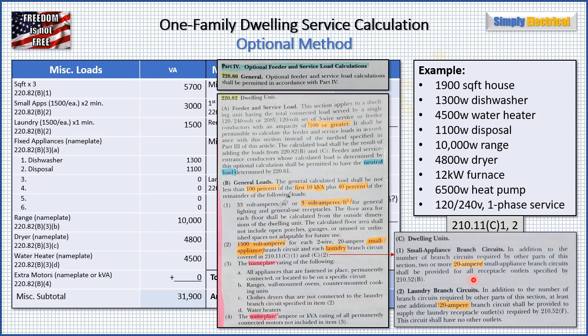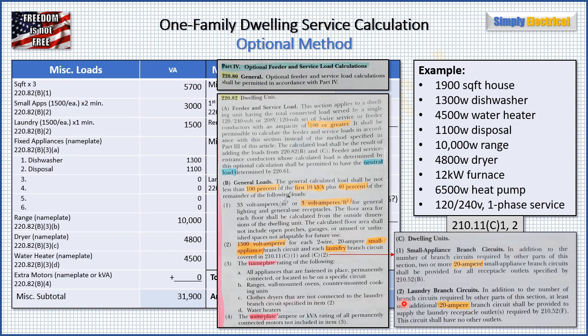So any of those receptacle outlets will be included in this calculation. Now there is an exception to that, and I go over that in great depth in our single family dwelling standard calculation. So please reference my video for that if you need more information on exactly what those requirements are.